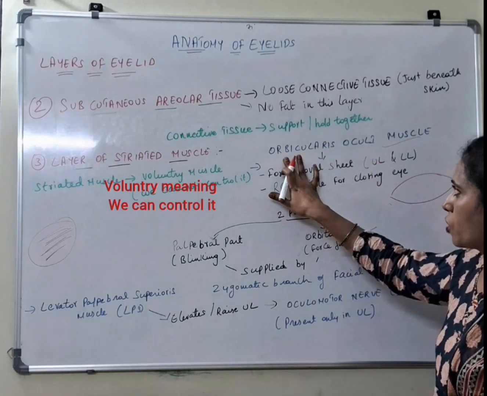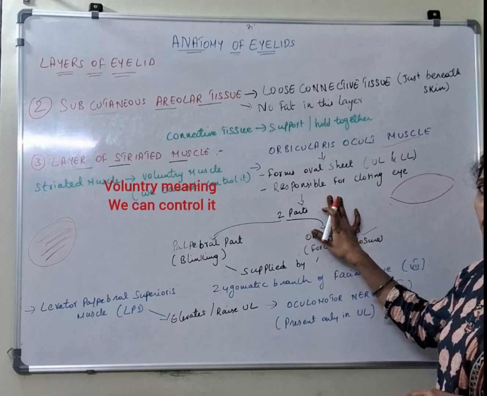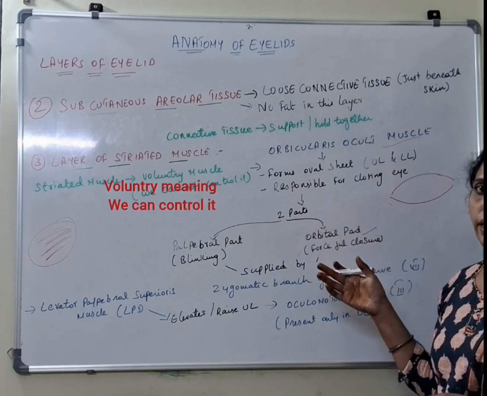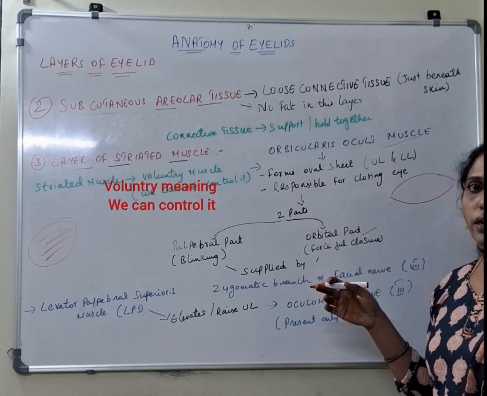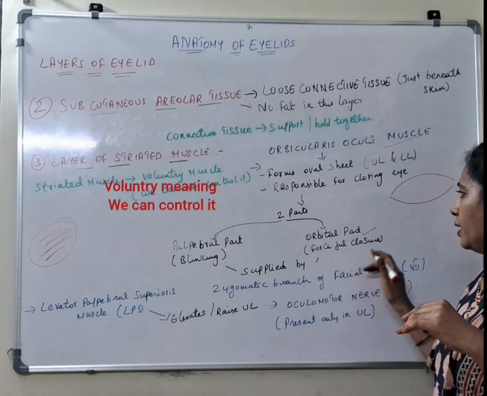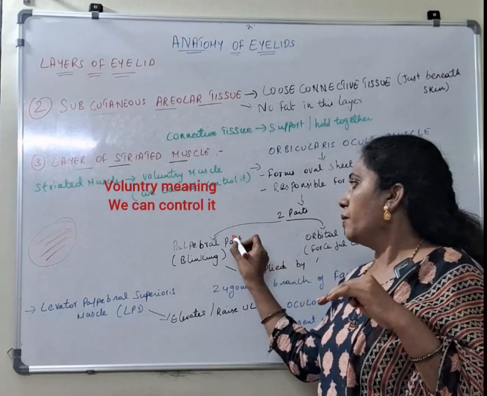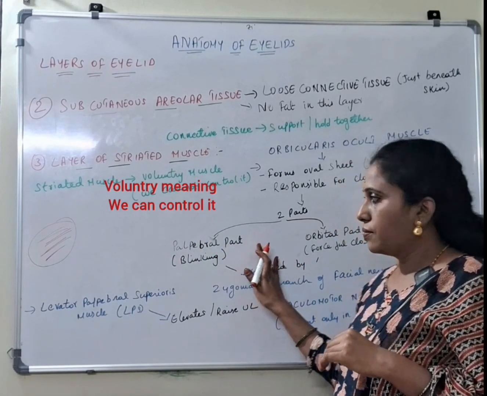The main function of the orbicularis oculi muscle is the closing of the eyelid. The closing can be either tight or as blinking. So if you want to close the eye tightly, the orbital part will act. If you want to blink, then the palpebral part will act.